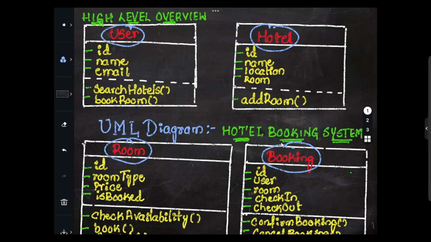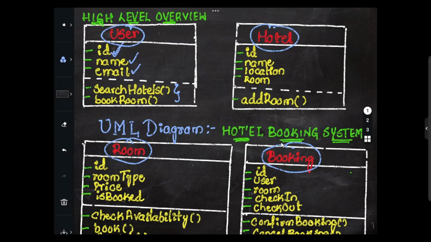The user contains ID, name and email. Search hotels and book rooms are the methods we'll be using within the user class. ID will be of type string.